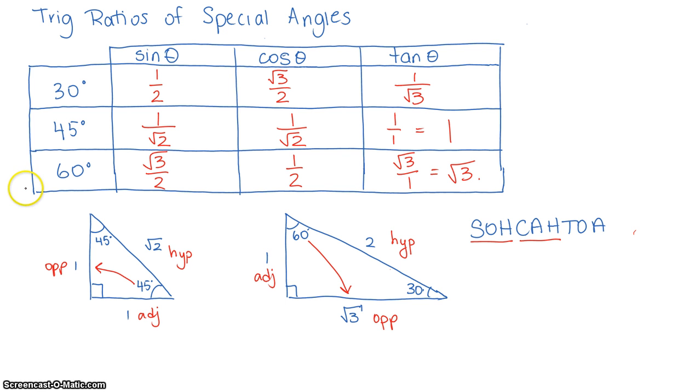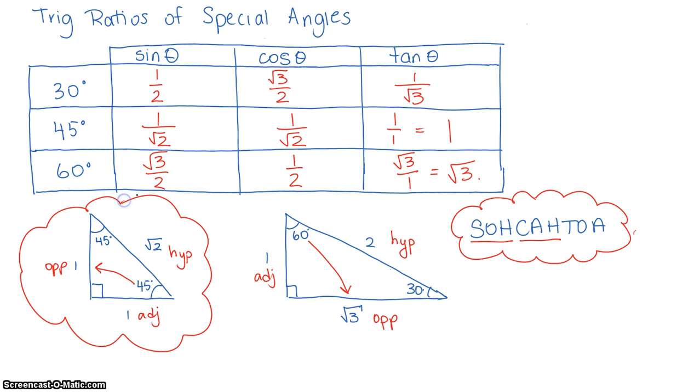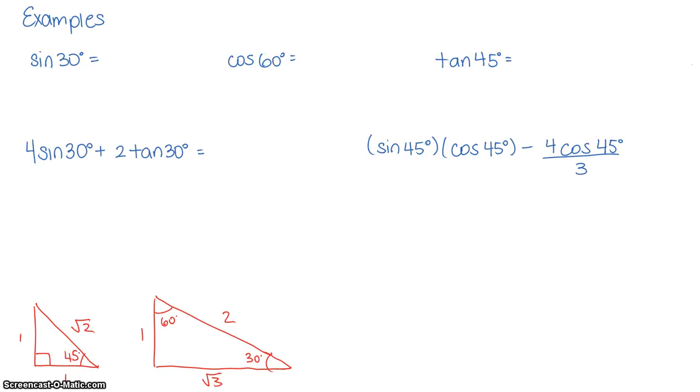Now I wouldn't suggest trying to memorize the table because ultimately all you're doing is using SOHCAHTOA with these two triangles. I'd actually suggest remembering the triangles and using your SOHCAHTOA to apply them. So here are some examples of how we can use this. These would be non-calculator questions, especially on the provincial.